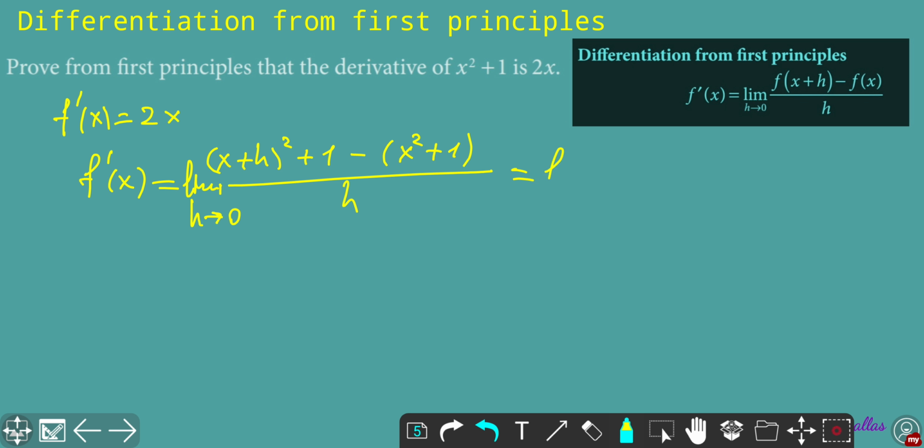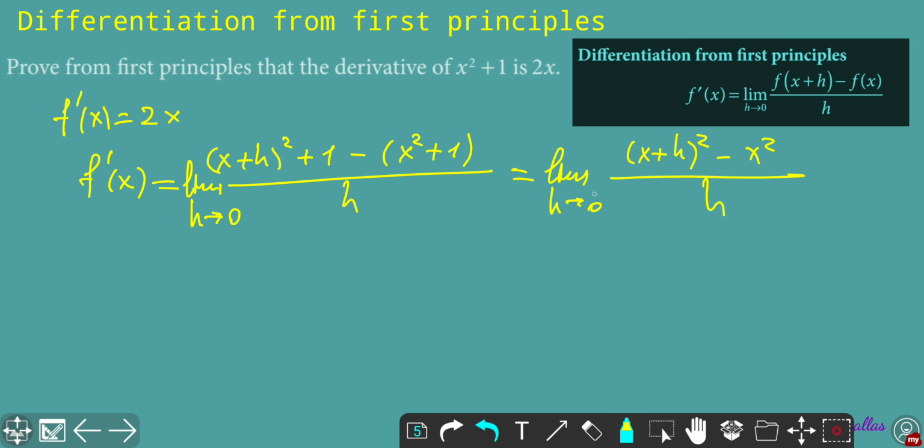If you're confident with the previous examples, now we just do it technically. So x plus h squared, and the 1s will be cancelled, and I just repeat what I had: x plus h squared minus x squared over h.